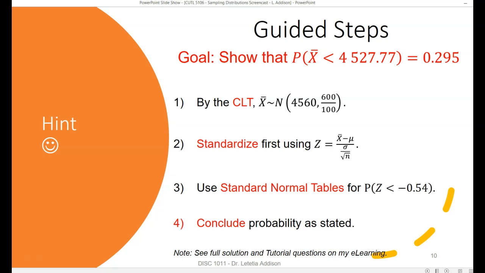In the fourth step, we can conclude that the probability is the original probability that we stated. Have no fear. If this seems to be complicated in any way, feel free to look at the full solution for this question and use the tutorial sheet to practice other questions in this topic. They are all available on My Learning.